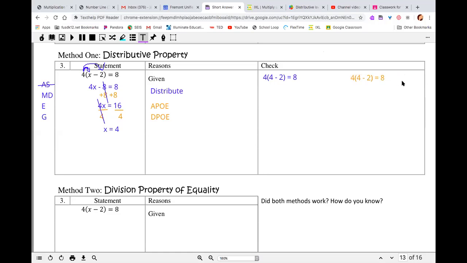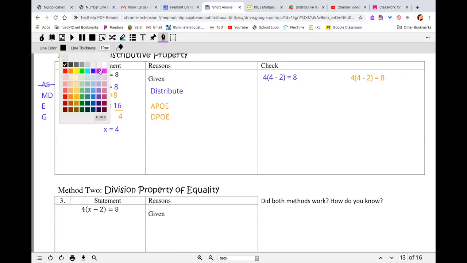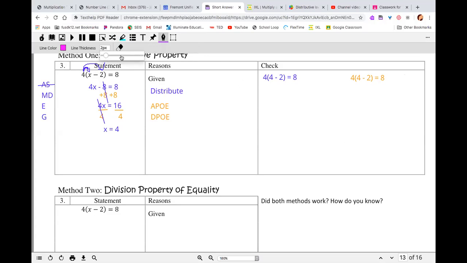Okay, so we're gonna start with the distribution side, how we distribute it, and then we can also do the order of operations way. Okay, so first we're gonna distribute. So I'm gonna do 4 times 4, and then 4 times 2.